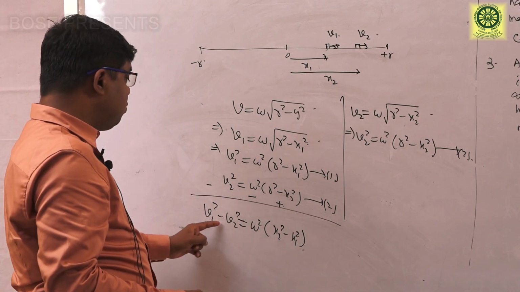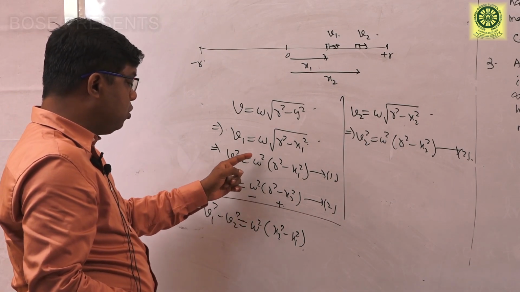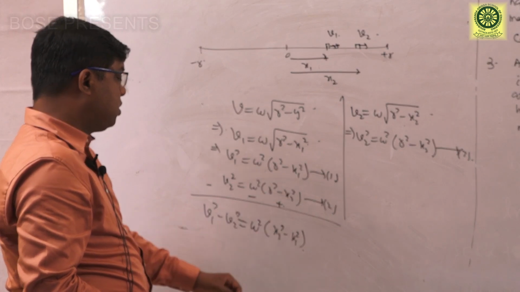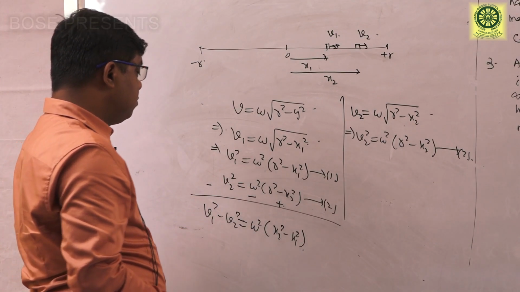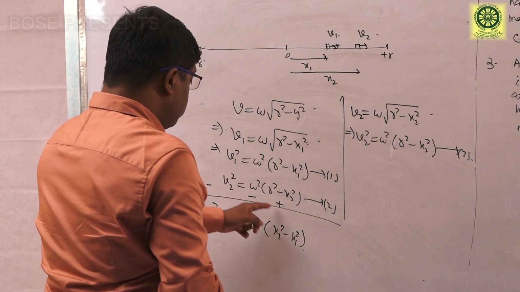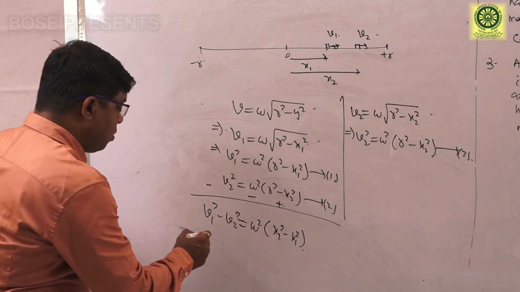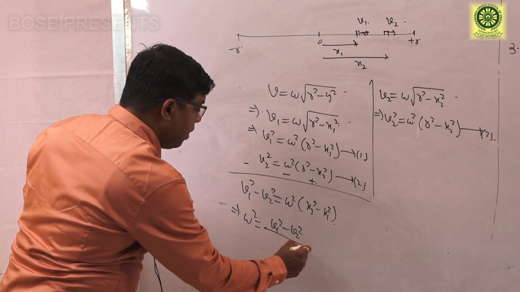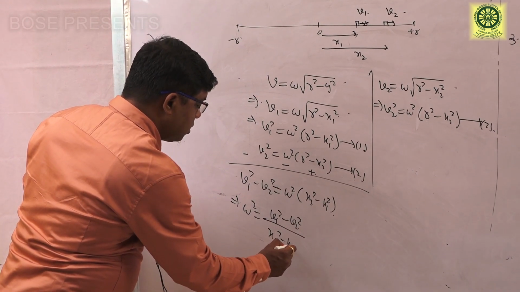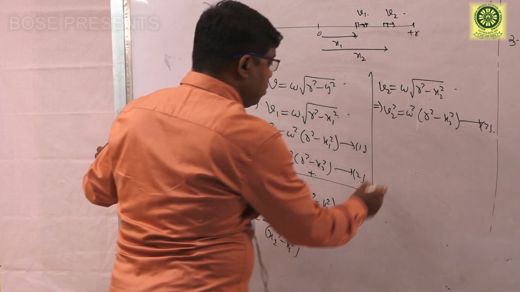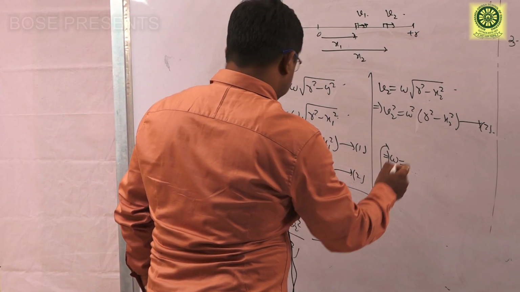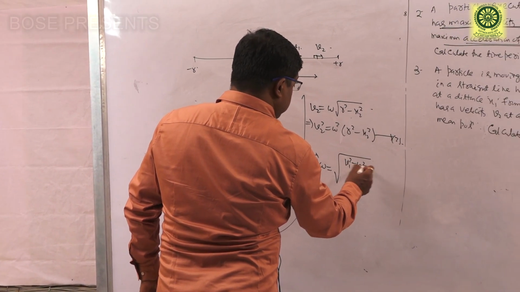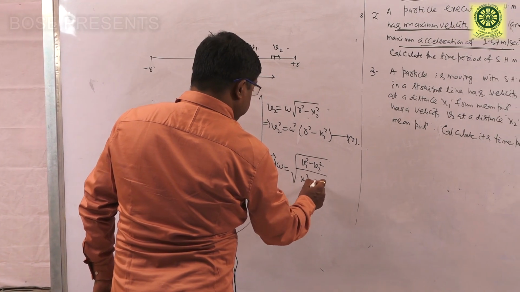So the r square terms cancel, and omega square is equal to v1 square minus v2 square divided by x2 square minus x1 square. So you can calculate omega is equal to square root of v1 square minus v2 square divided by x2 square minus x1 square.